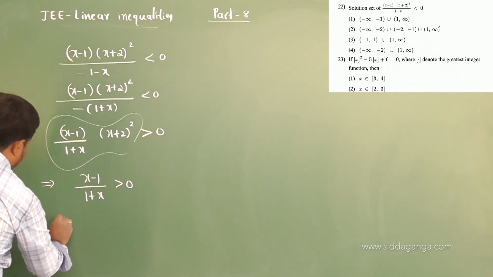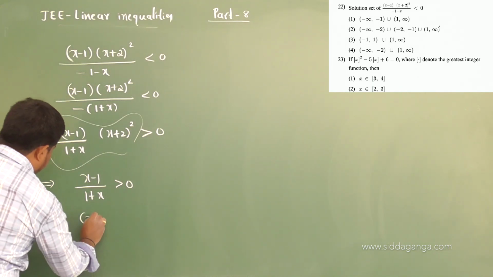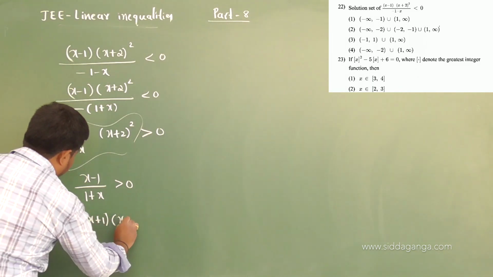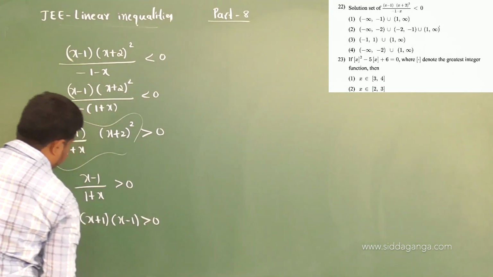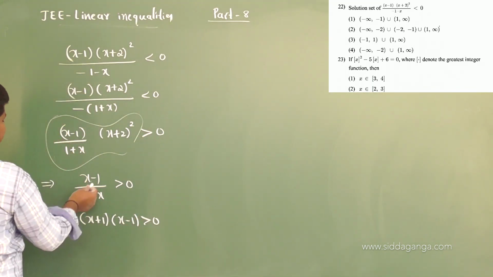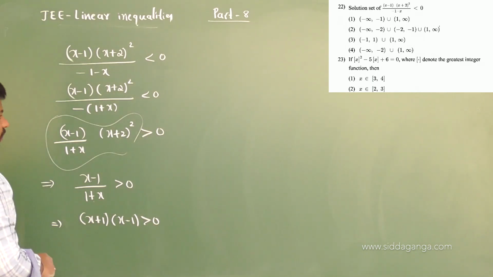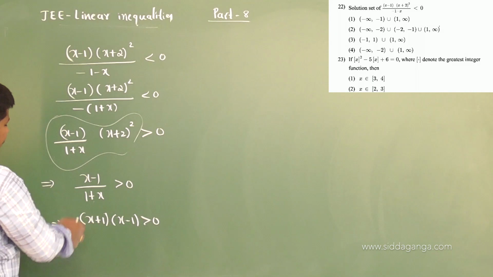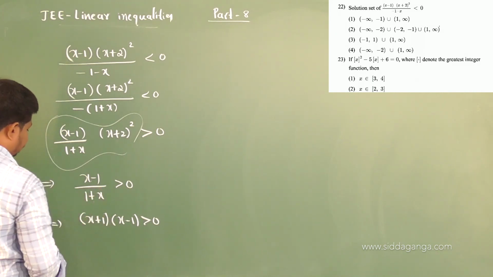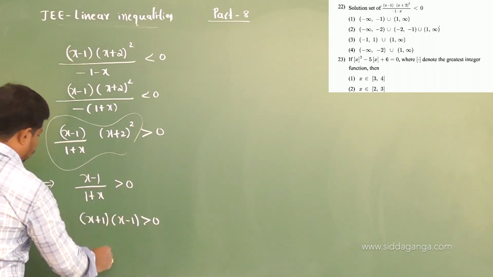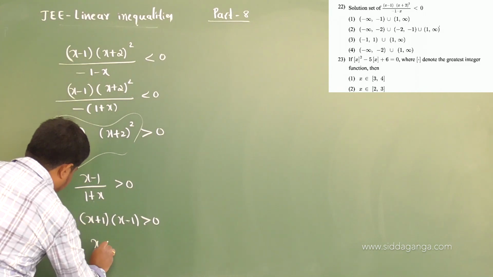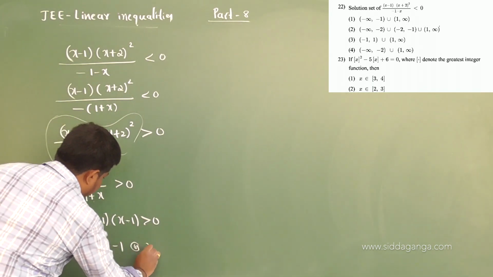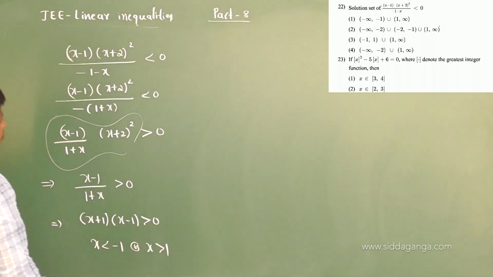Or you can write x plus 1 into x minus 1 is greater than 0. You mean x minus a by x minus b greater than 0 and x minus a into x minus b greater than 0, both have the same solution set. Therefore I rewrite it like this. Here a is minus 1, b is 1. So x is either less than minus 1 or x is greater than plus 1.